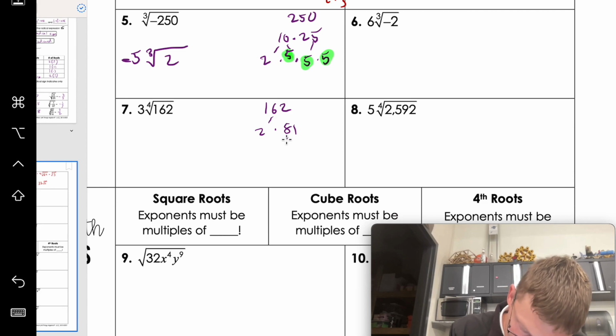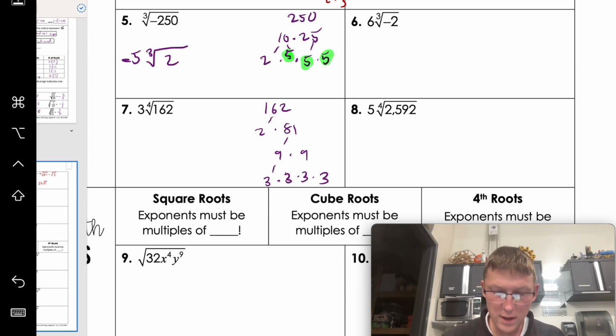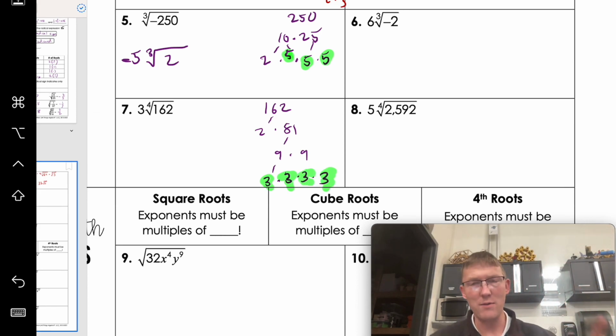Ooh, I know what 81 is. 9 times 9. And the 9s are both 3 times 3. So 3 times 3 times 3 times 3. So we are looking for 4 of the same numbers, and those numbers are going to be 3s. And so that 3 is going to come out of the radical, and that 2 is going to stay behind.